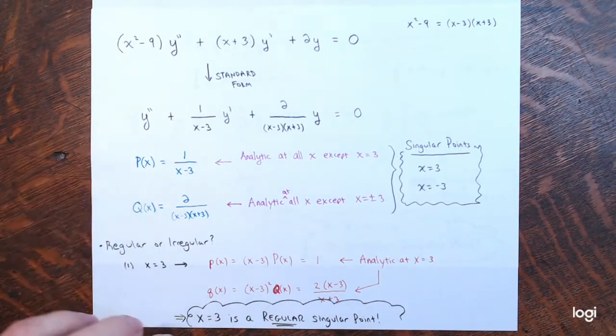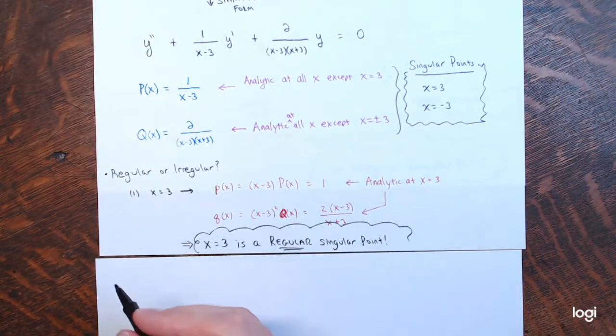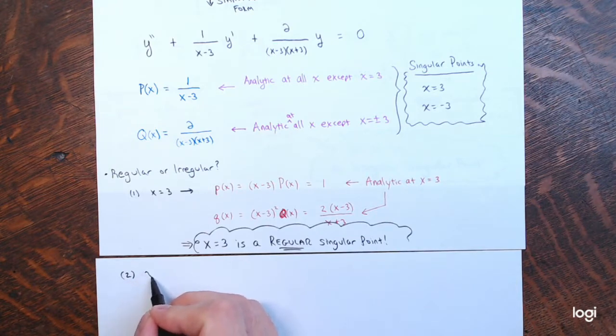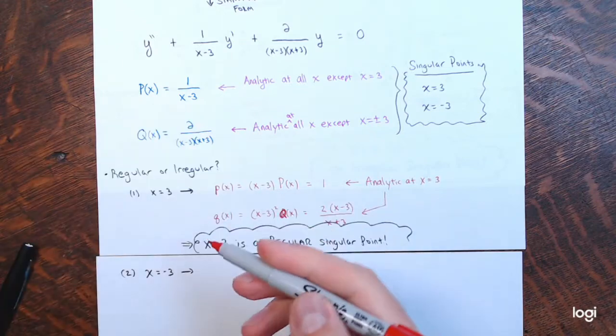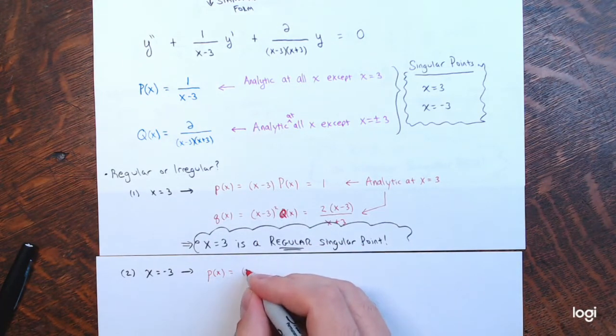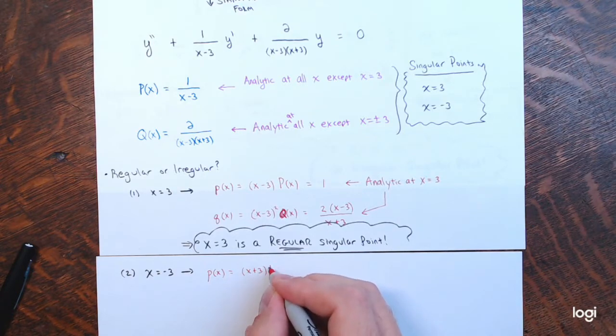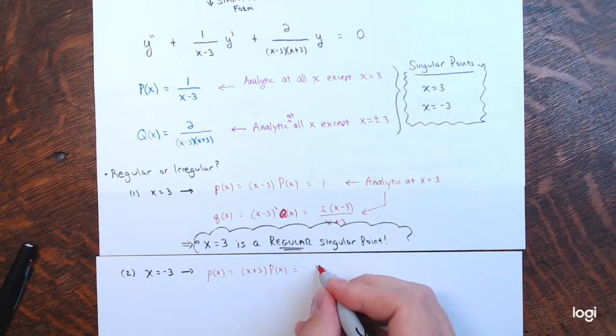But now I'm going to check x equals negative 3. Again, I'll form the little p and little q. Little p of x would be x plus 3 times capital P, which would be x plus 3 divided by x minus 3.